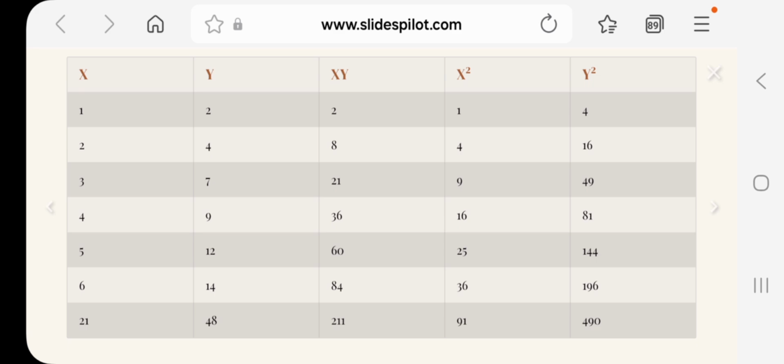Now for y squared, all we're going to do is square the values in the y column. So 2 squared is 4, 4 squared is 16, 7 squared is 49, 9 squared is 81, 12 squared is 144, and 14 squared is 196. Now our next step is to sum up each column.